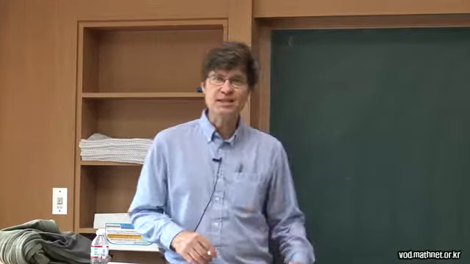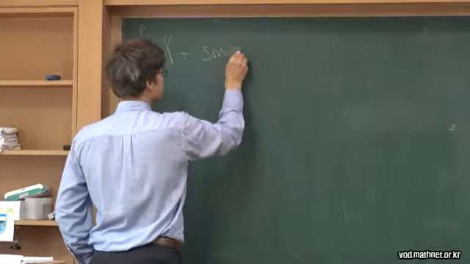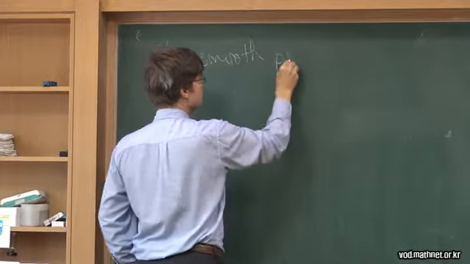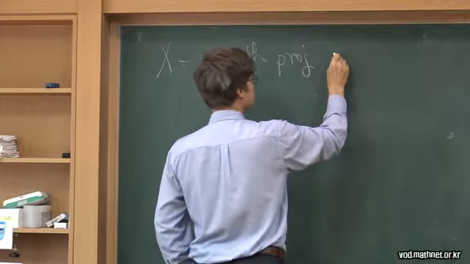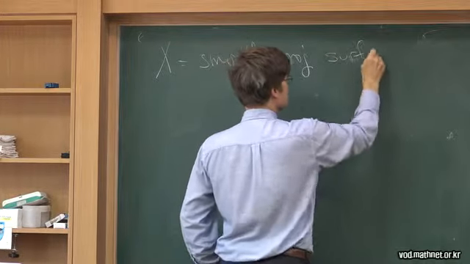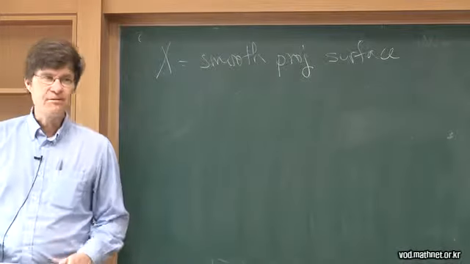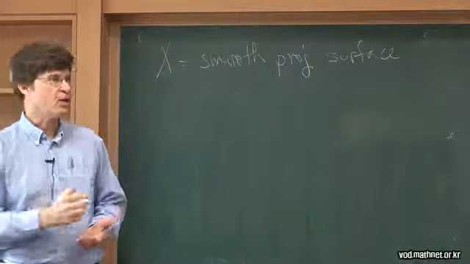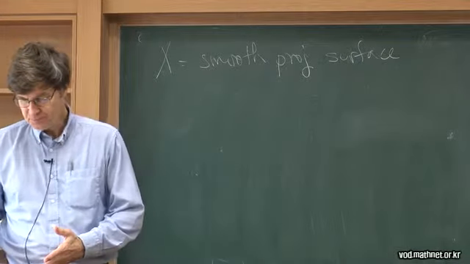So, this talk is about smooth projective algebraic surfaces. Right now, let's not worry about what field we're working over. The field could be arbitrary, but sometimes we'll talk about specific examples.